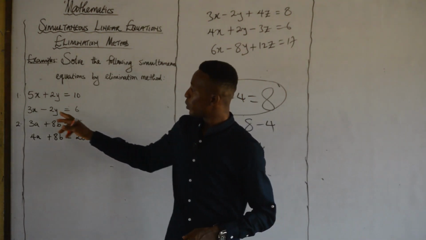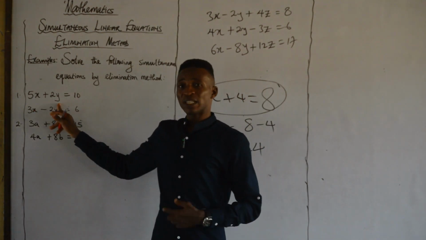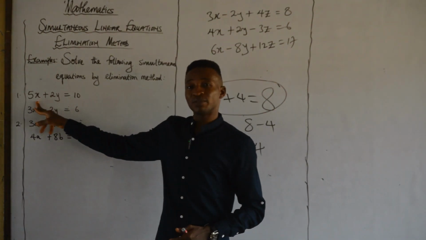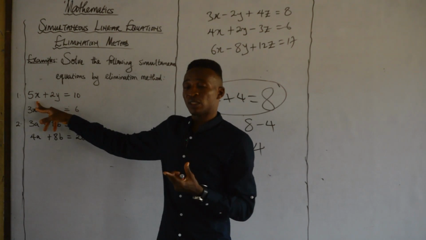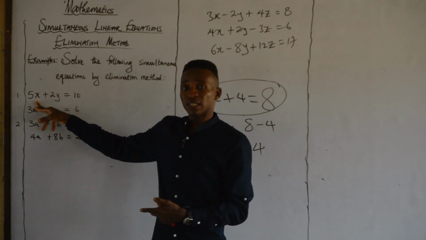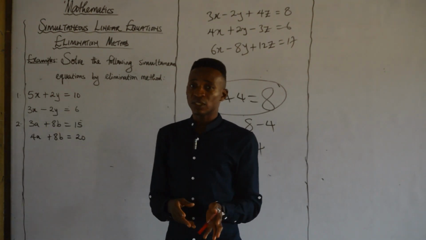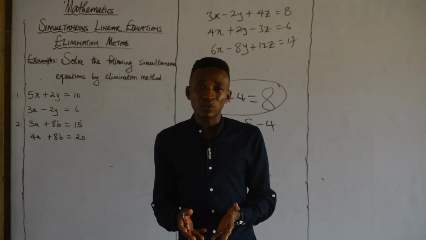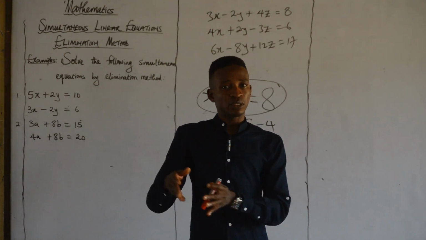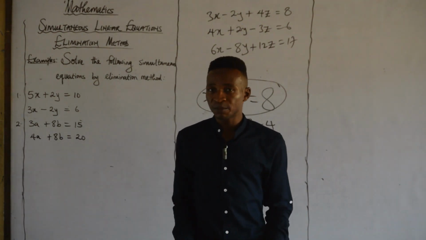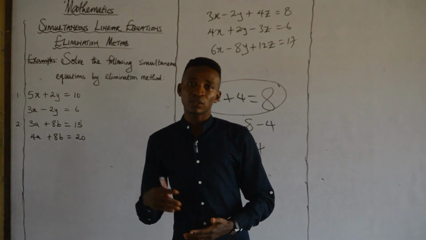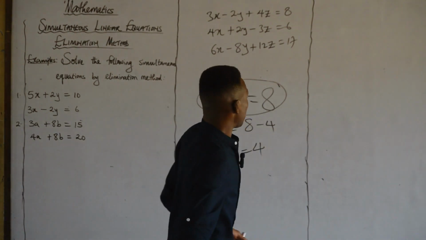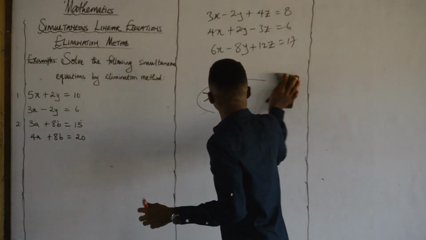So in this case, when you have x and y and you are using the elimination method, you are telling us to remove whichever variable you have decided on your own. It's not the person that will tell you to eliminate this first before the other one. You'll be the one that decides that, okay, I want to eliminate x before y. And if you decide that I want to eliminate y before x, no problem, the ball is in your court. So let's see how we are going to do that for the elimination method.